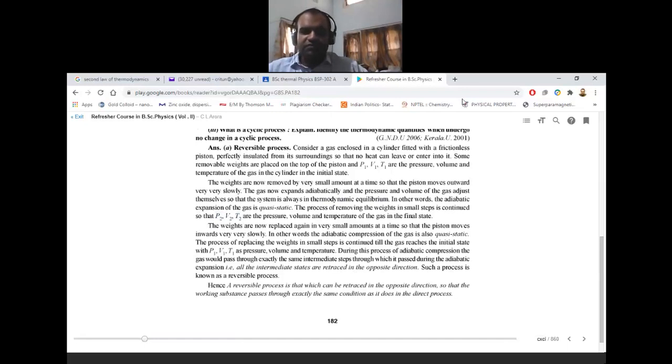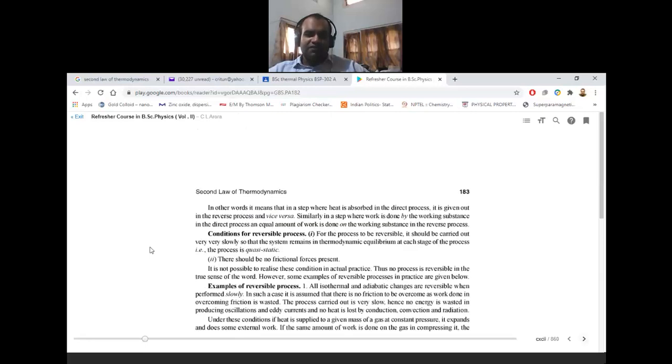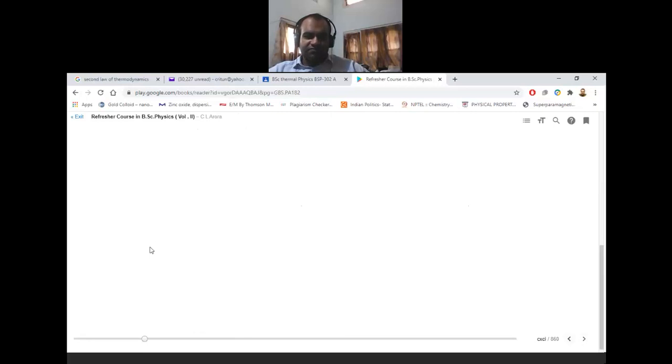Initially, the gas was at P1, V1, T1 when we placed weights on the piston. But later we started removing the weights very slowly, and finally the gas reaches a state where pressure, volume, and temperature values are given by P2, V2, and T2, in the final state.